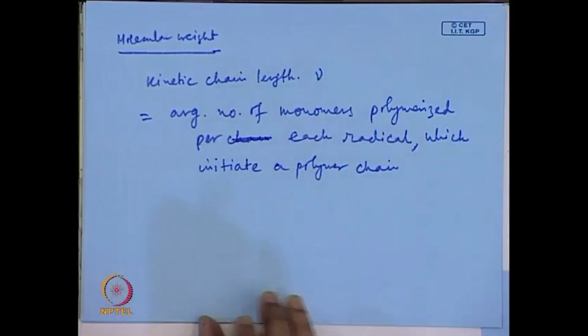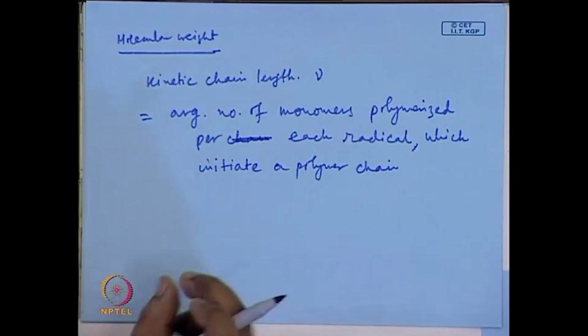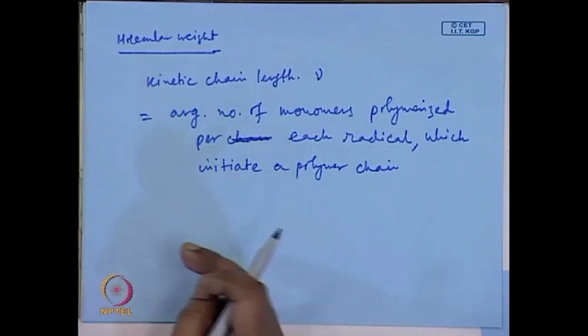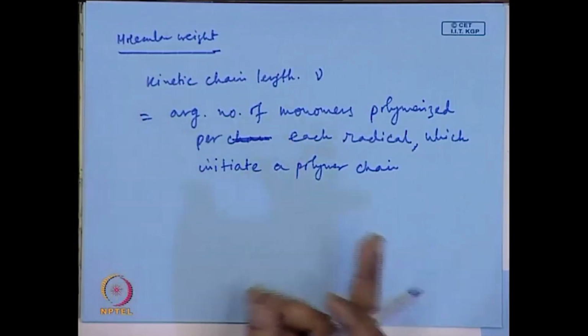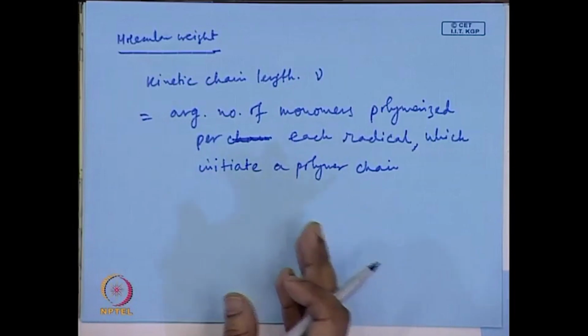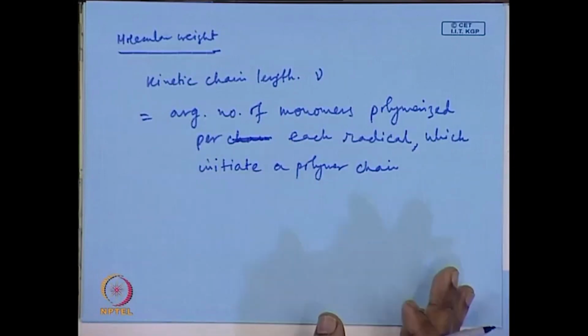So, it is the average number of monomers which polymerize per radical which actually initiates the polymerization, not, as I said, those radicals that get consumed by side reactions or some other reactions which do not initiate a polymer chain.